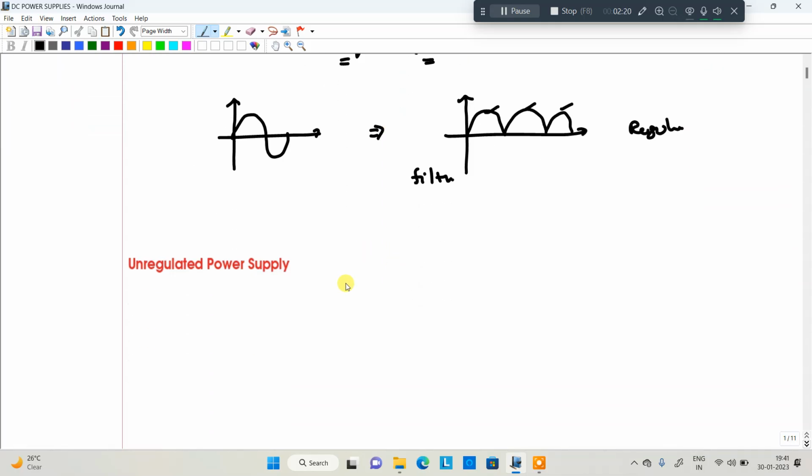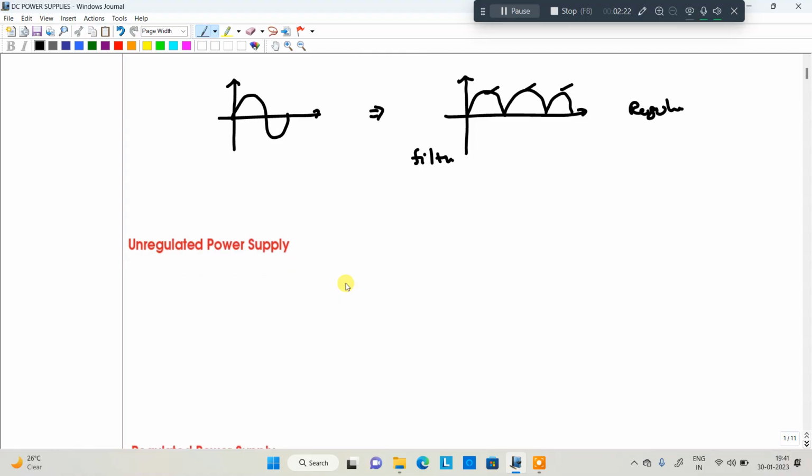First, regulated power supply and unregulated power supply. Unregulated power supply means that if the load resistance increases, the value of current drawn from the circuit also changes, which means the voltage available at the terminals will be reduced.